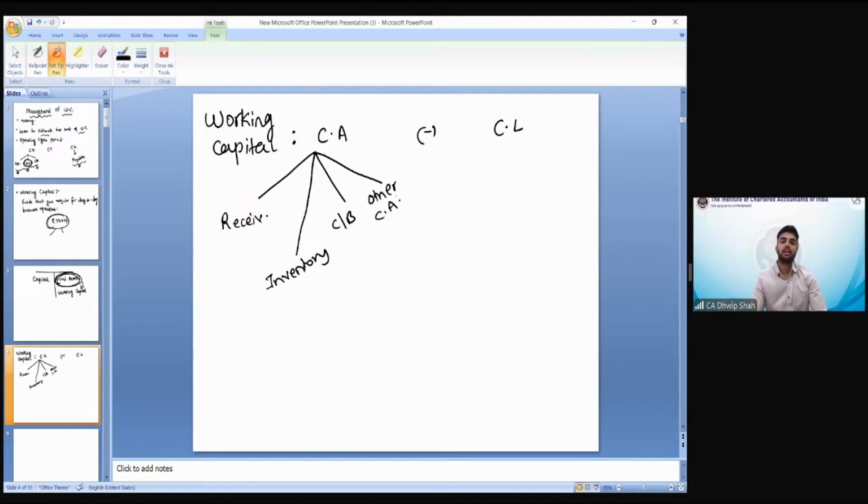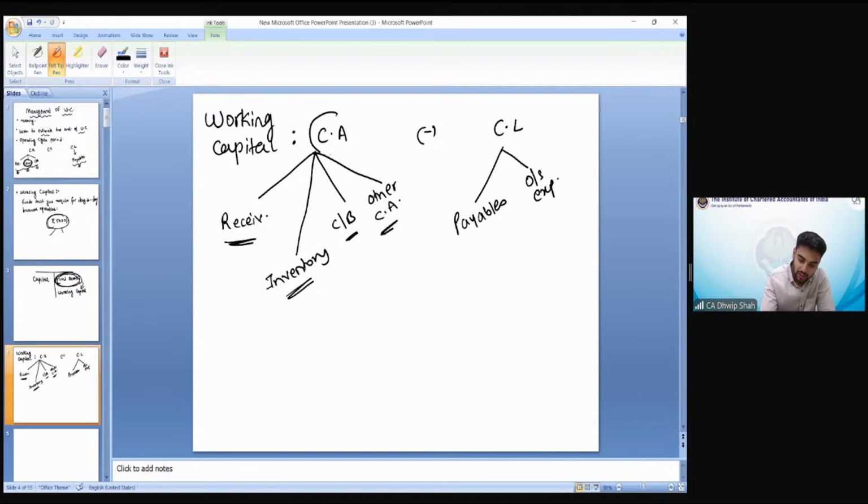Okay? And in most business organizations, current liabilities ideally include payables and some outstanding expenses. So if we are able to calculate the amount of receivables, inventory, cash and bank and other current assets, our total current assets will be calculated.